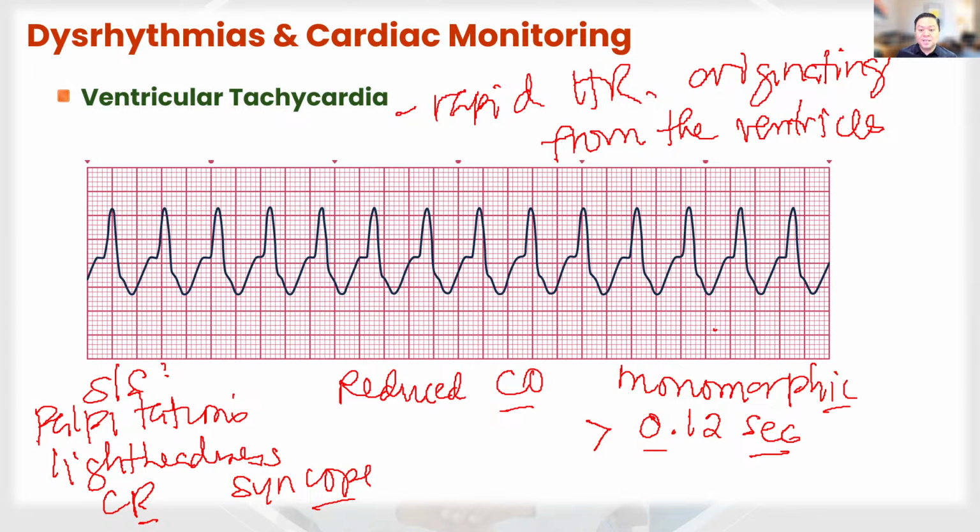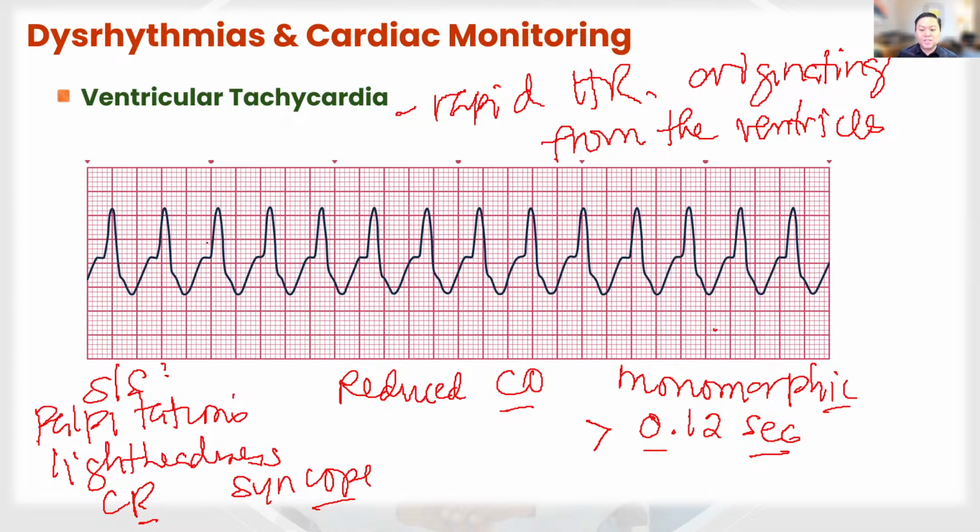Okay. Now, in severe cases, the ventricular tachycardia can also lead to a much more life-threatening problem we call ventricular fibrillation. So it's very important, guys, that we address this right away.